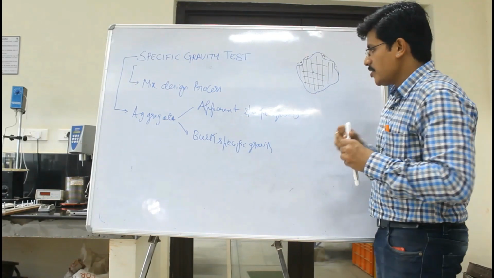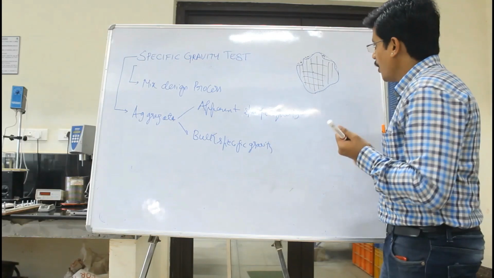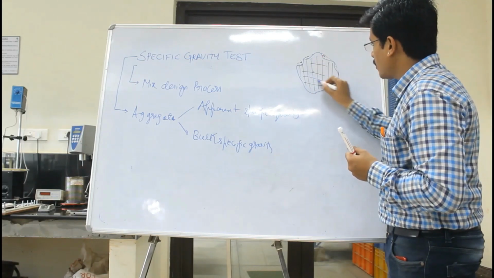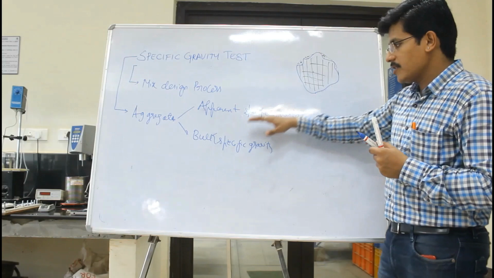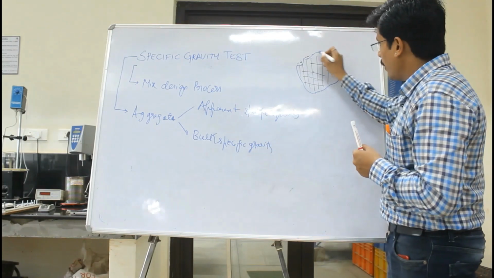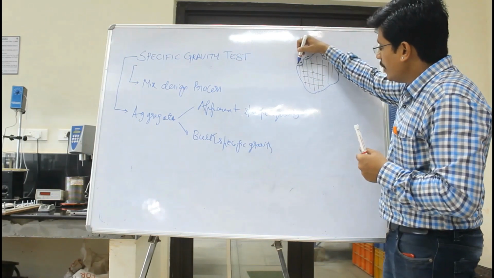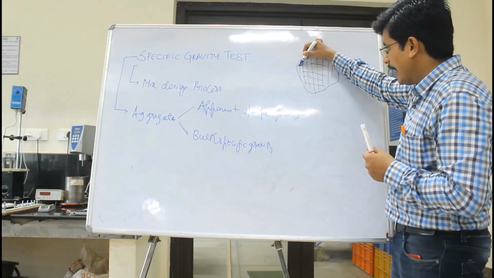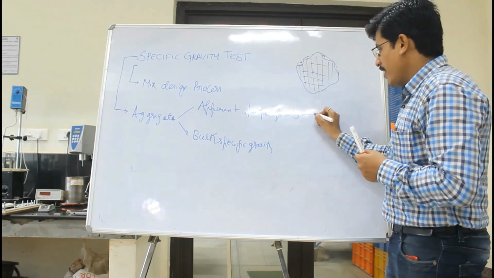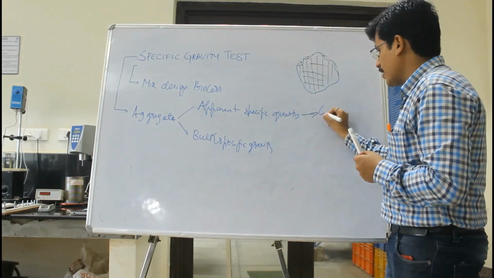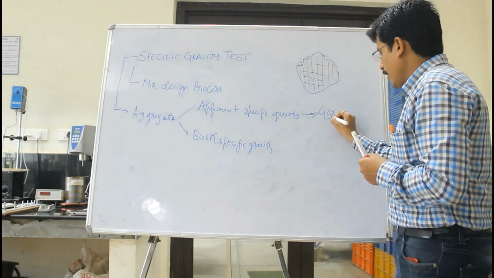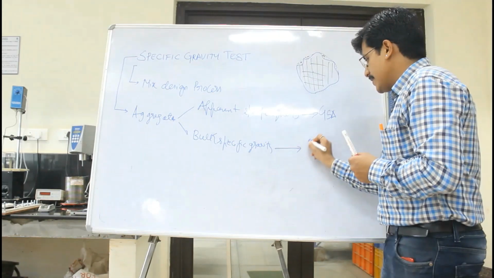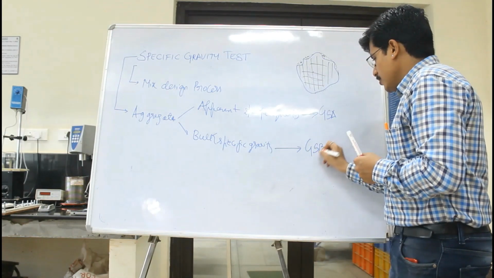Now, when you determine the apparent specific gravity, you will take only the solid volume. But when you find the bulk specific gravity, you will take the total bulk volume, including the volume where the water is filled in these irregularities. The apparent specific gravity we normally call GSA, and the bulk we call GSB.